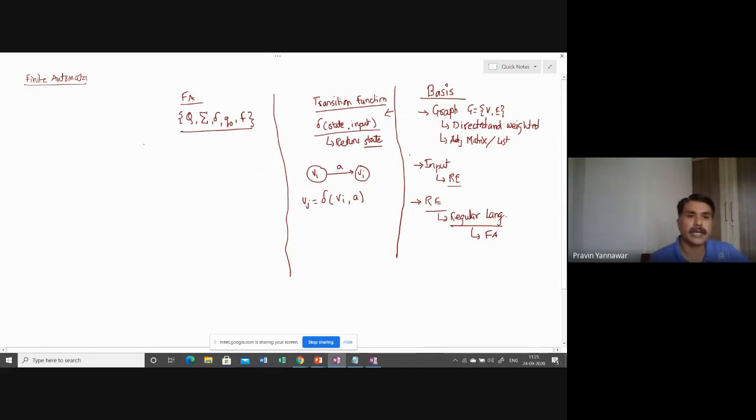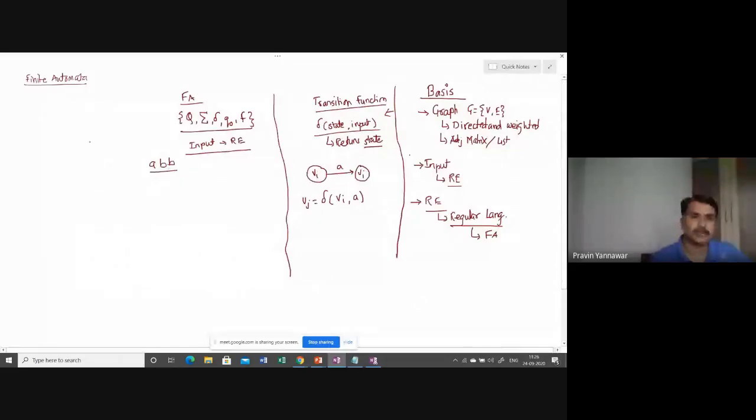Let us try to get an example. So the input for us is what we need, a regular expression. Let us try to have a simple regular expression a, b, b.